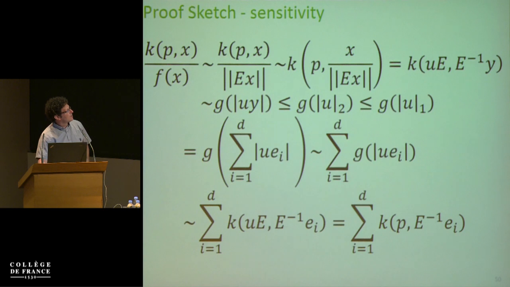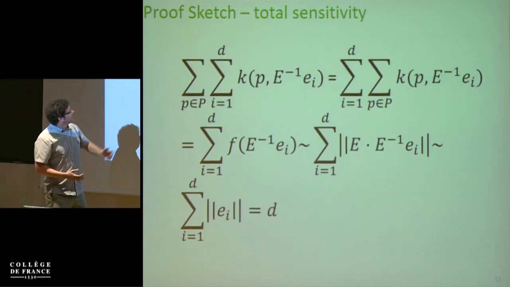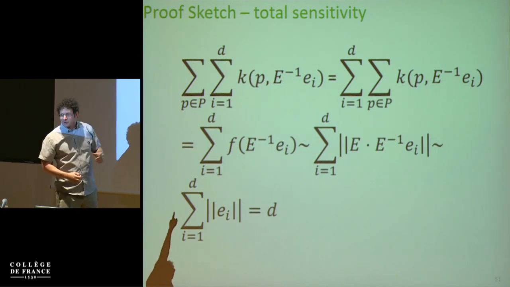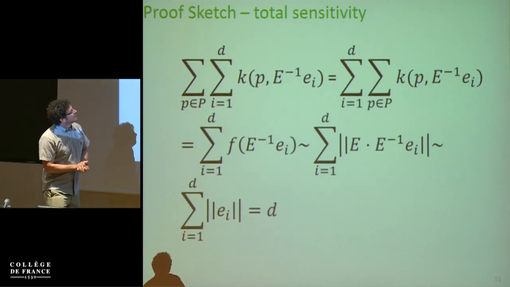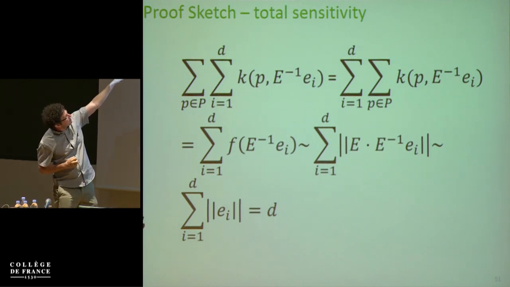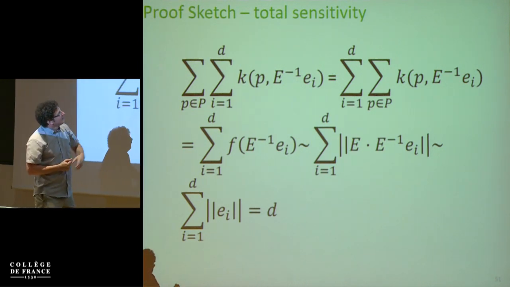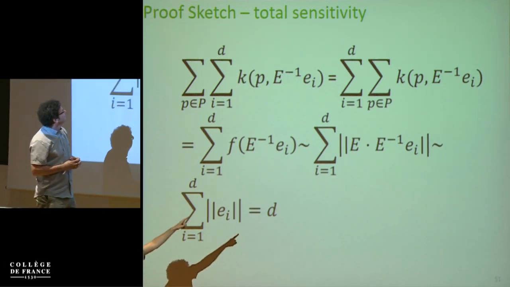But why is this sum small? To bound the total sensitivity, we take all these sensitivities and sum them over all the points to make sure that not all the points are important. So the main trick is that we have a sum over all the points and then a sum over all the dimensions. So we just switch these two sums and get this value to the right.